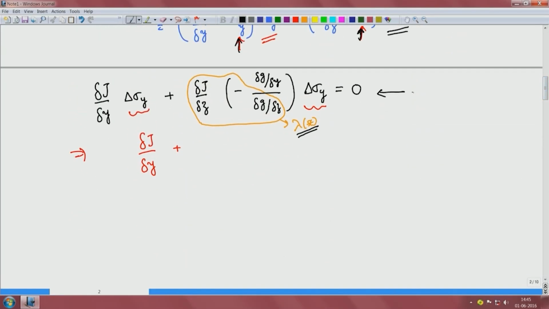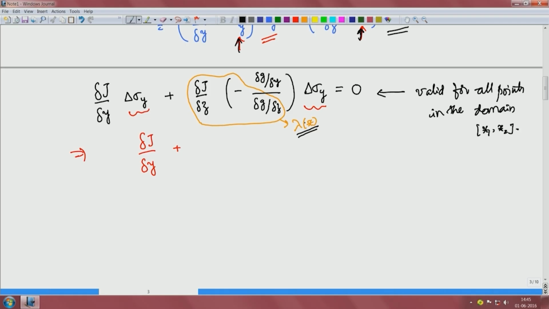So, this equation is valid not just globally for the whole thing; this is the local constraint's consequence, valid for all points in the domain x1 to x2.